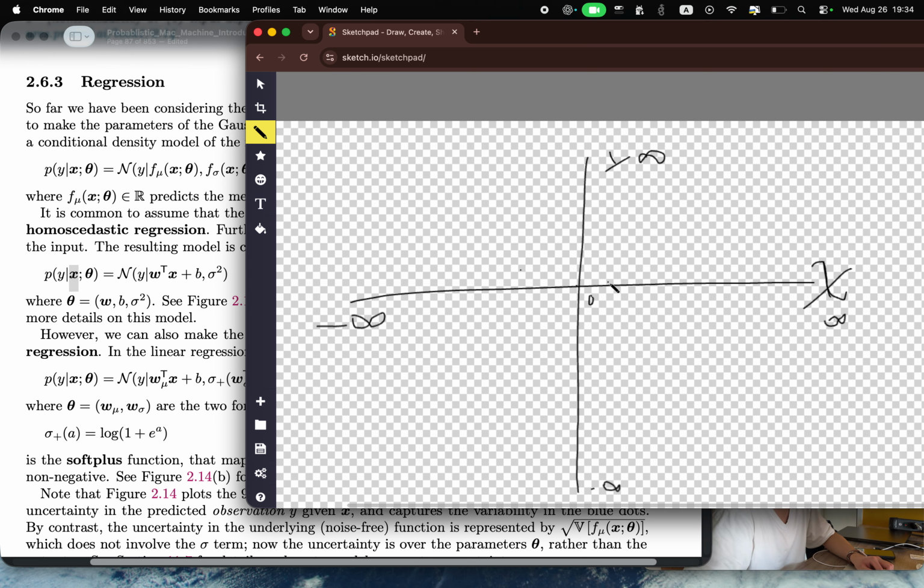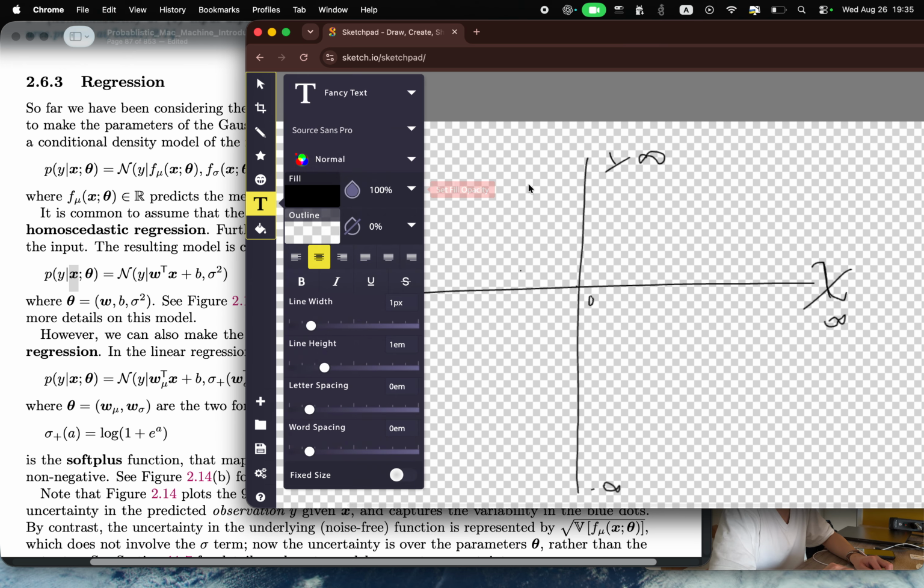The 2x means that if x moves 1, y moves 2. So it will be like this point. Then y equals 4 when x is 2, so it will be this point. And plus 1 means this is shifted up by 1 in y, so here.